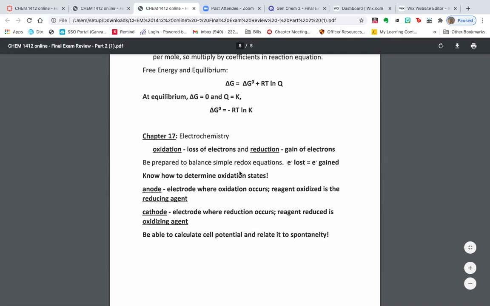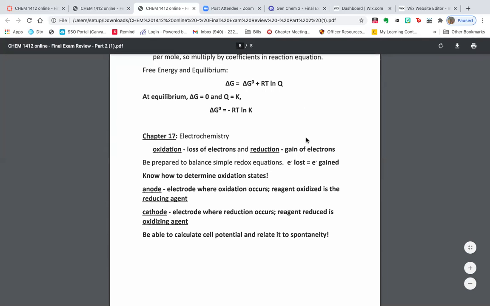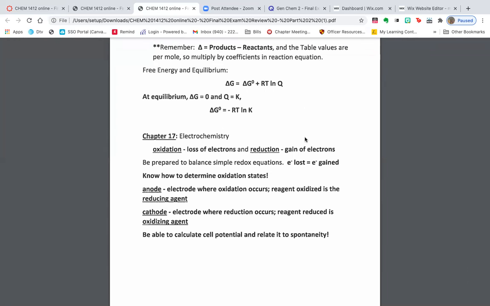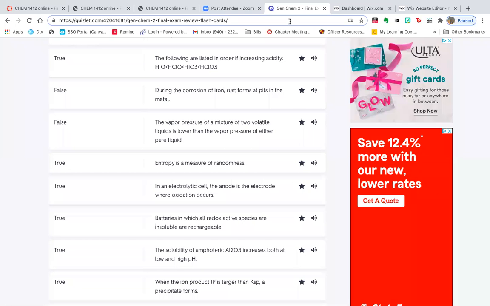Know how to determine the oxidation states. Usually we're going to be doing that with oxygen, and oxygen always has a -2 oxidation state. So whatever's paired with the oxygen has to cancel out however many oxygens there are so that the final oxidation state is equal to the number on the end of the compound.